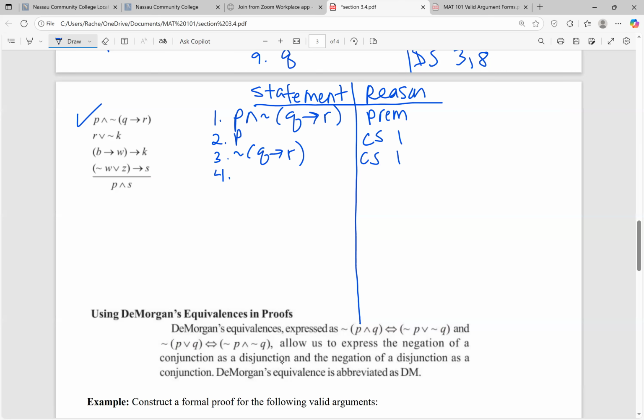I'm not seeing that exactly yet, but if you look at statement 3, it's the negation of a conditional. So let's negate it and write its equivalence because that might be helpful to us. So not Q implies R has the same value as Q and not R. They're equivalent. So that's my conditional negation equivalence, and I use that on statement 3.